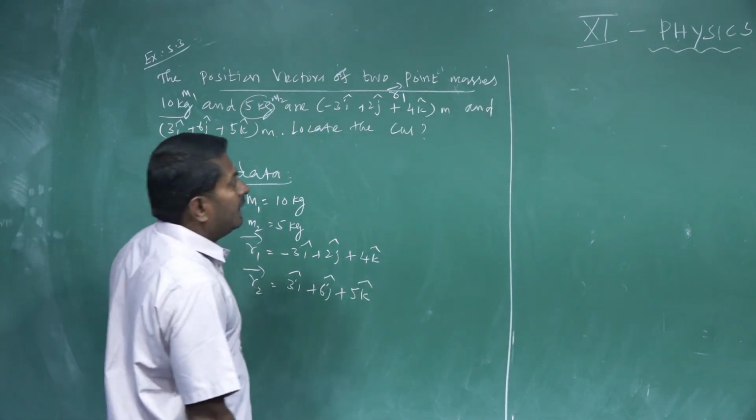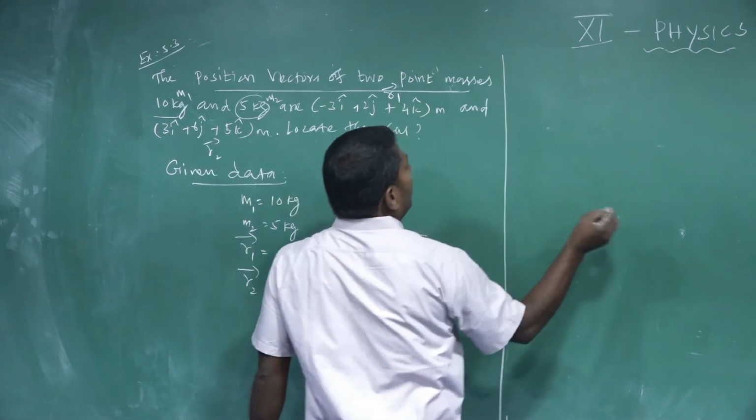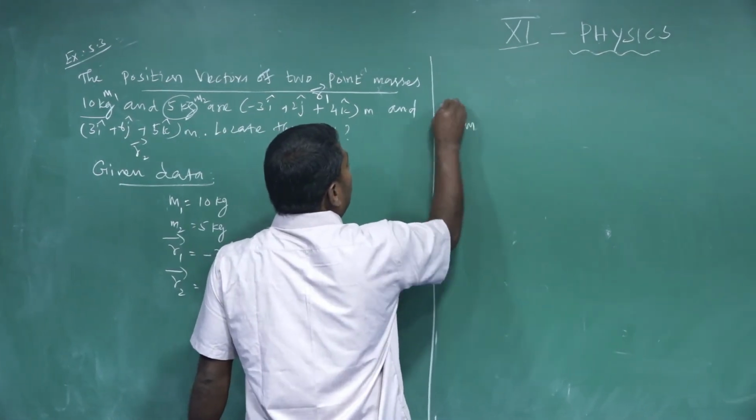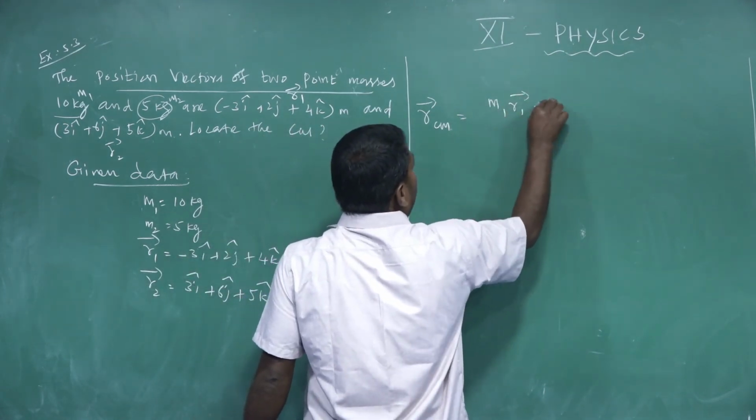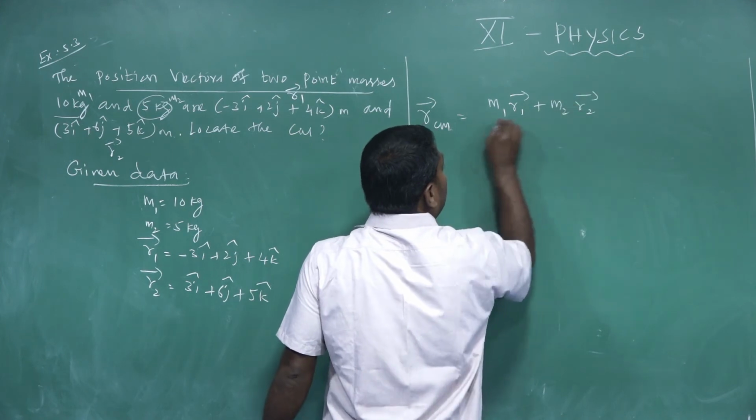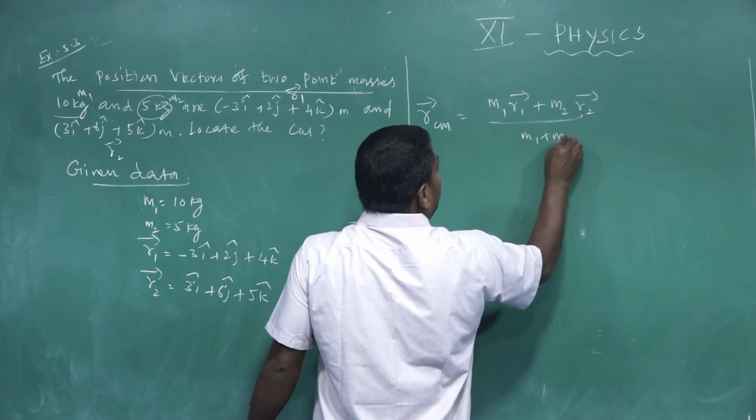How to determine the center of mass point? So RCM which is equal to m1 r1 vector plus m2 r2 vector divided by m1 plus m2.